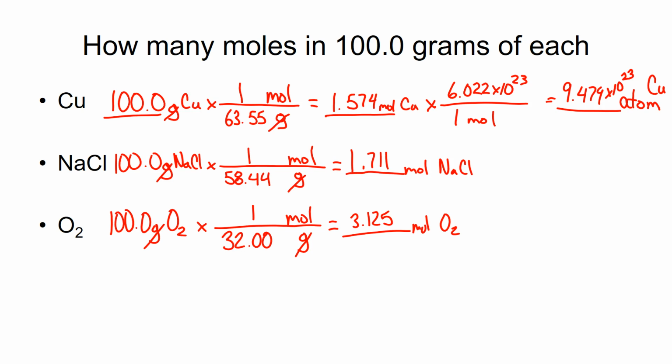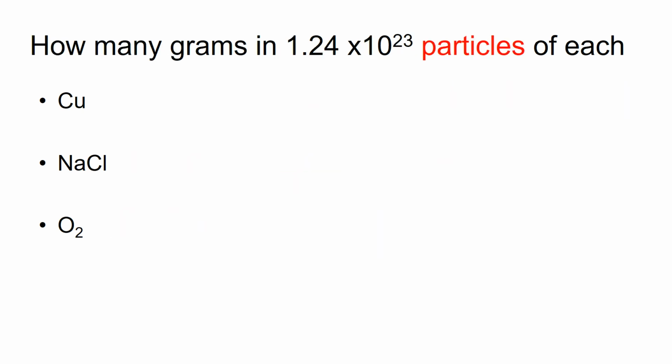All right. So now, the reason why I was showing you that is because now I'm starting you with 1.24 times 10 to the 23rd particles of each. Because this is an element by itself, I'm looking at atoms of this. I'm looking at formula units of this.